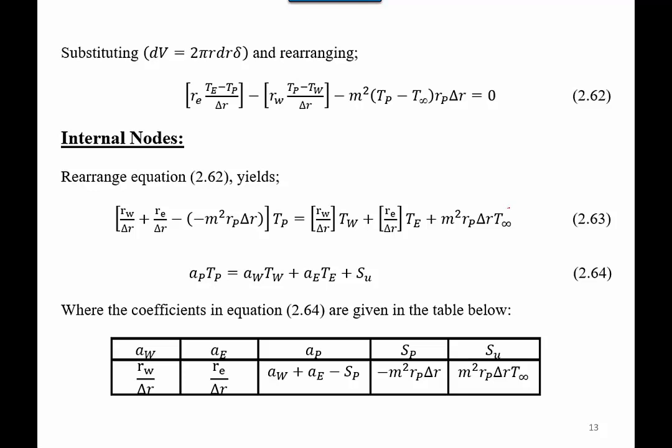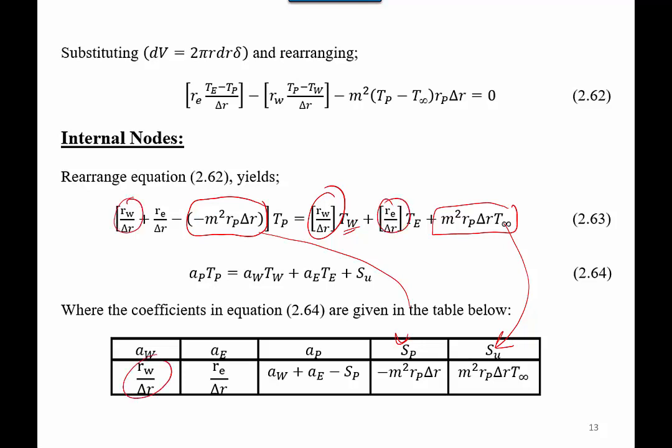We will find a parameter here which will be SU, and this one will be SP, and this parameter multiplied by T west will be A west, and this one, which looks the same as the second figure, will be A east.